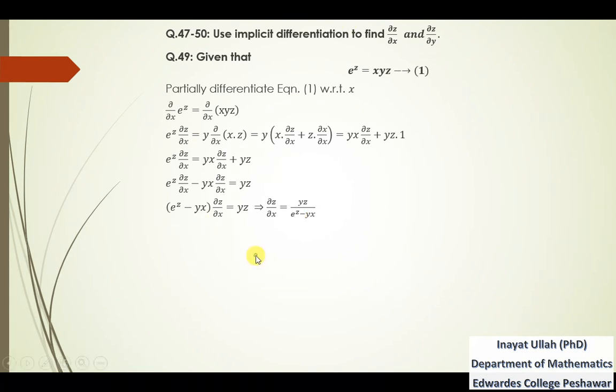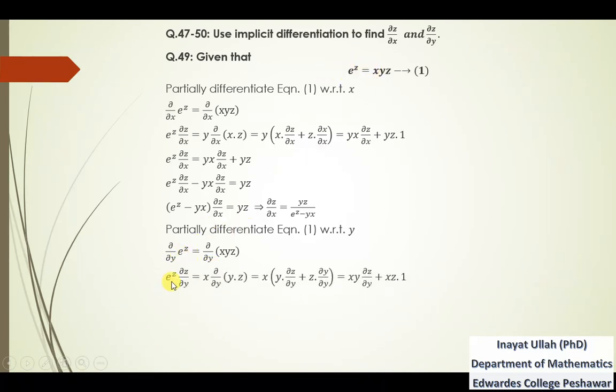Similarly, for del z del y, we need to partially differentiate this equation with respect to y. So with respect to y, both sides, e power u, derivative of e power u is the same e power u into del z del y is equal to, now here that is partial derivative with respect to y, so x is constant, keep it constant outside, and that is y into z.